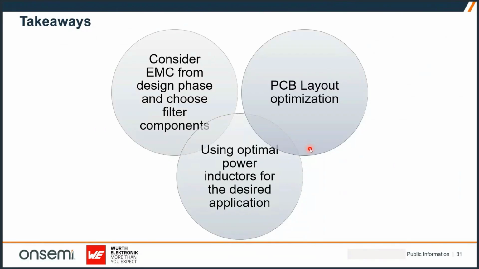I know it's a hard task, but it's something that can be worked on. Of course, for power conversion, use the optimum power inductors, taking care to use shielded power inductors and a core material that fits the switching frequency and the current limits.